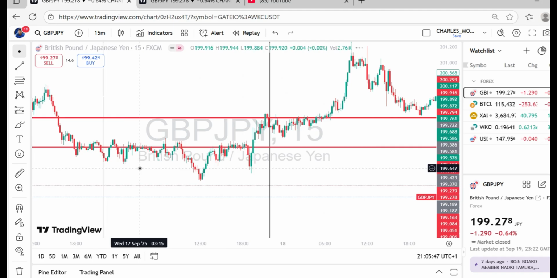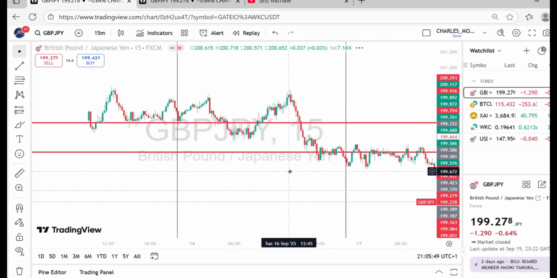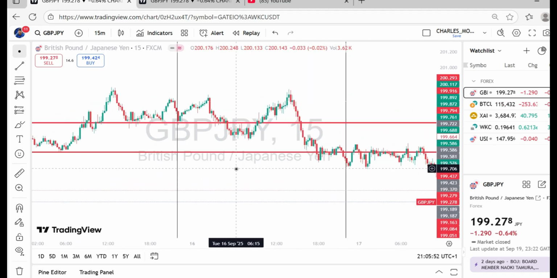Yeah, back to what I'm saying. You can see what I usually do after the market has already given us the direction of the week. To play smart and stay safe in the market, I usually like to wait till 8 a.m. After my 8 a.m. candle, or before the 8 a.m. candle, I look at my recent high, the recent high that I'm going to plot my trend line to trade.